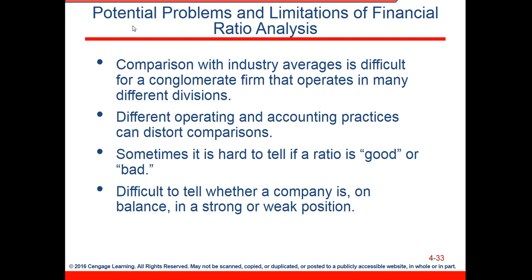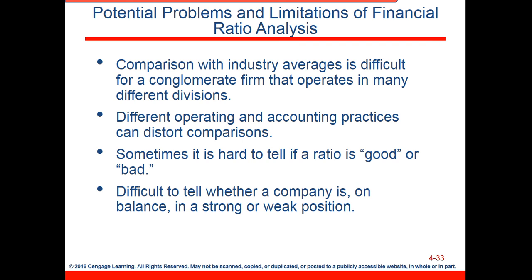Now, ratio analysis is very useful, and it's been pretty widely used in the industry, but we need to be aware of the potential problems and limitations of financial ratio analysis. The industry average is difficult to use for conglomerate firms that operate in many different divisions in many different industries. And some of the different operating and accounting practices can distort these types of comparisons.